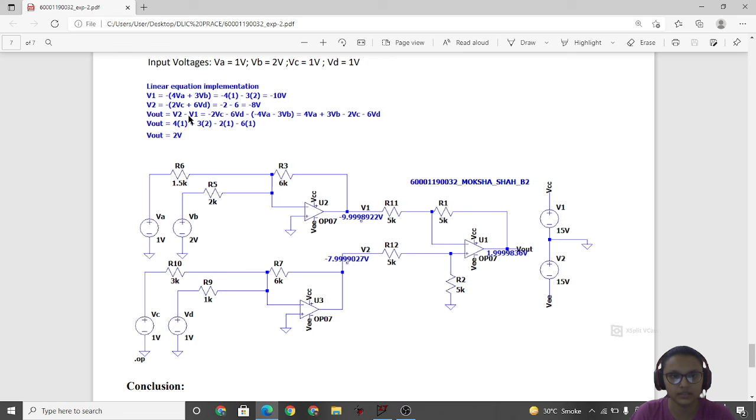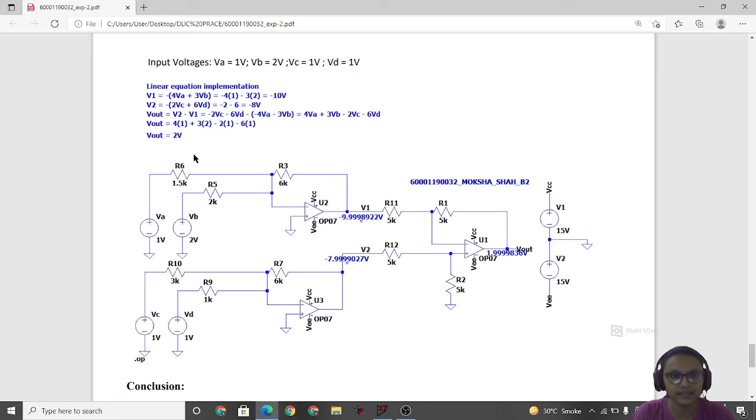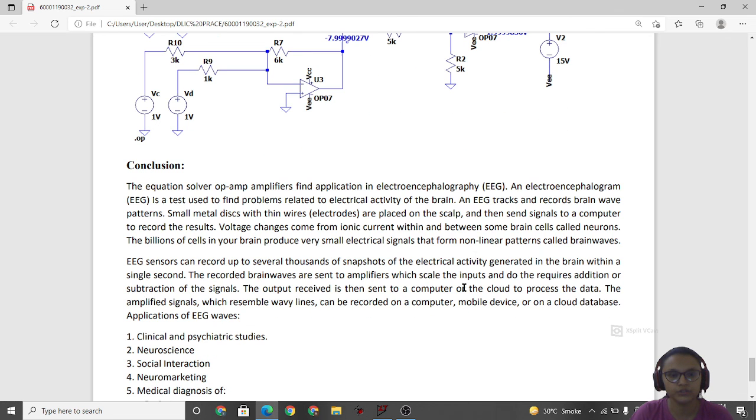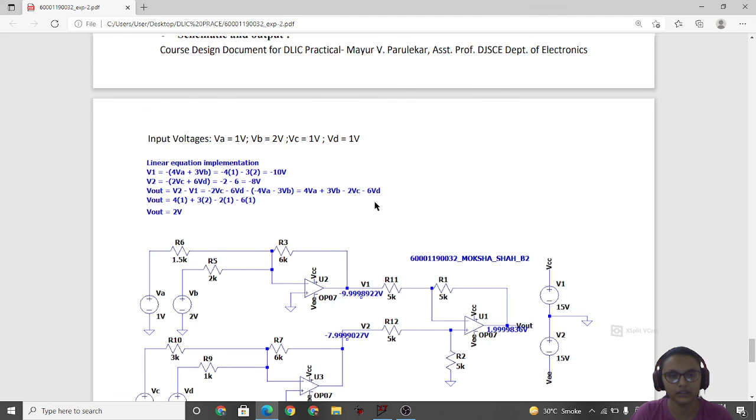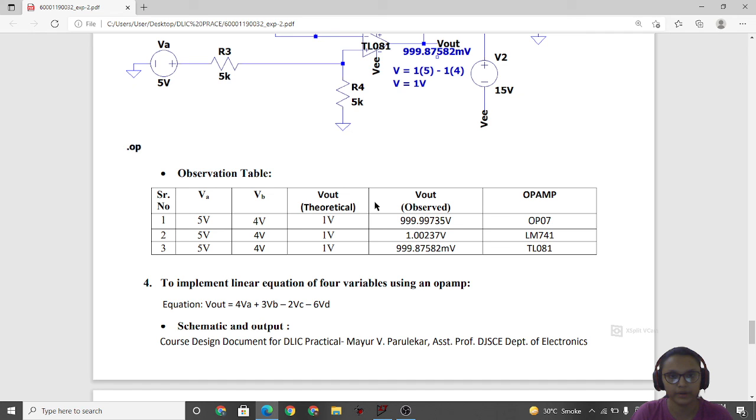V2 is minus 8 at the output, and V1 is minus 10. Minus minus is plus, so plus 10. At the output you should get 10 minus 8, which is 2 volt. The same thing I have written here: 2VC plus 6VD plus 4VA plus 3VB, which gives 2 volt. So I have shown you the linear equation with 4 variables using a subtractor, and also the inverting adder. Thank you.